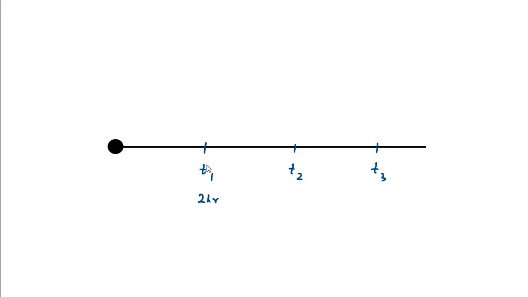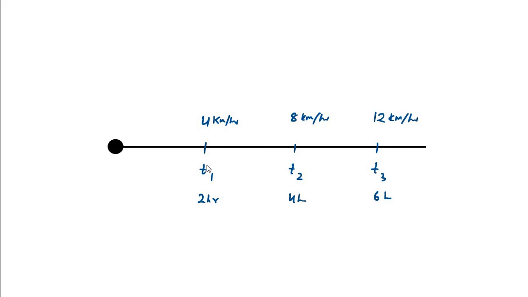This is 2 hours, this is 4 hours, this is 6 hours. Let's say the velocity here was 4 kilometer per hour. Okay, here let's say it was 8 kilometer per hour, and here let's say it was 12 kilometer per hour.